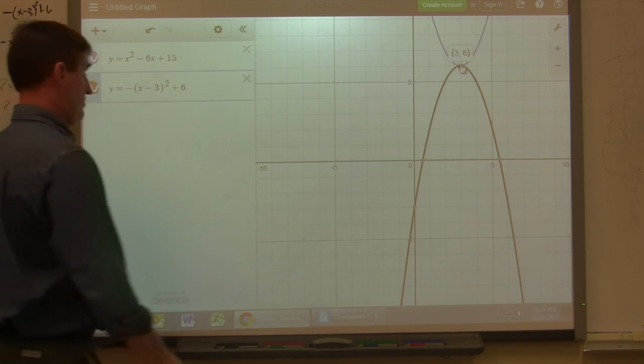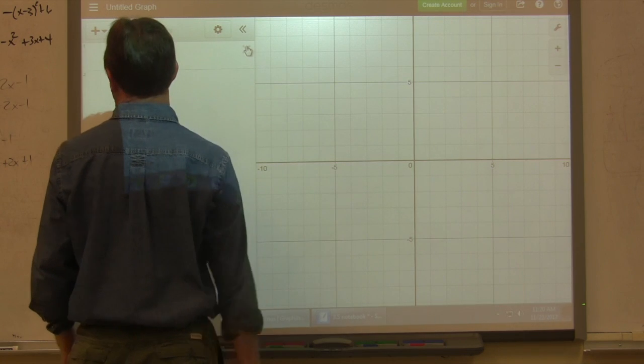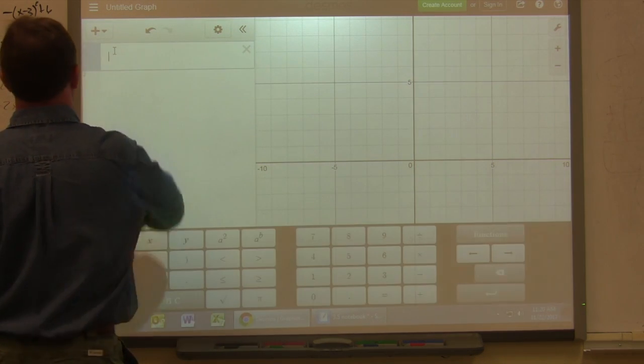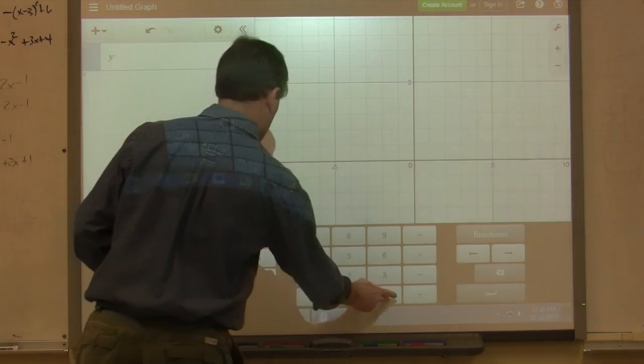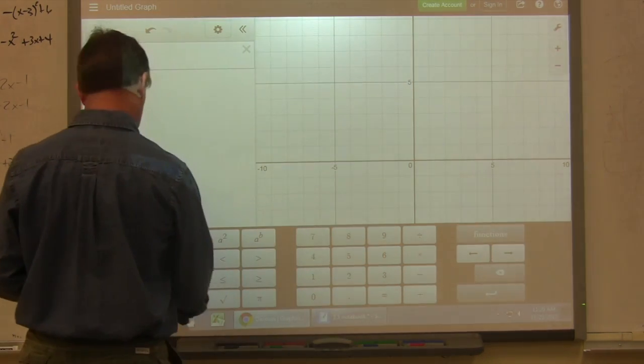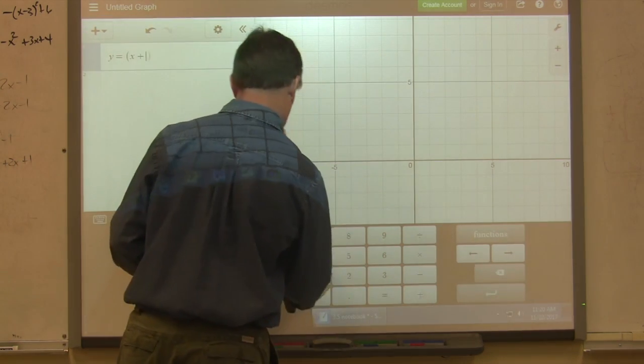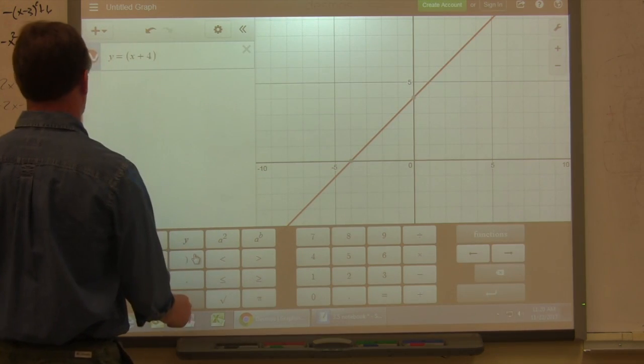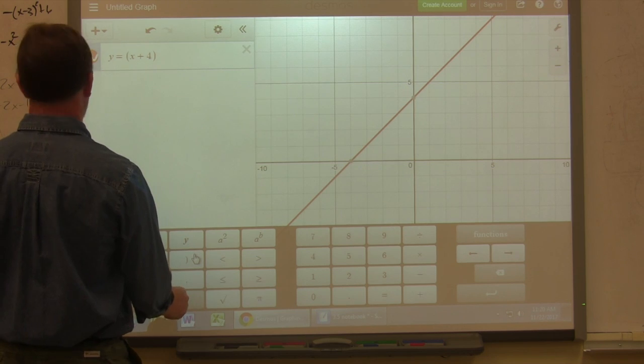So the other one, again, we don't need to simplify them at all. We just take y equals the left side of the equation, which is written this way, x plus 4 and x minus 1.